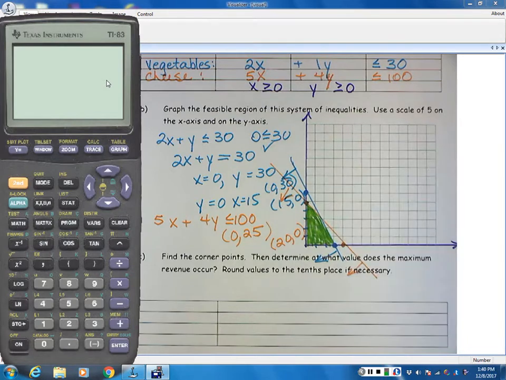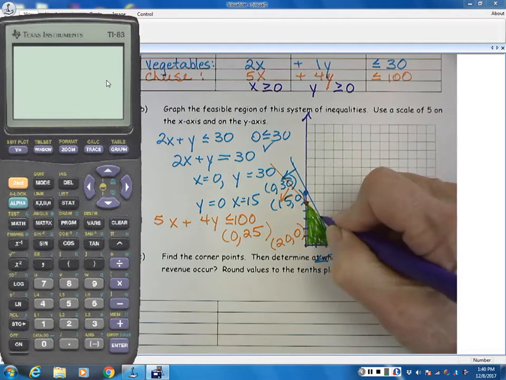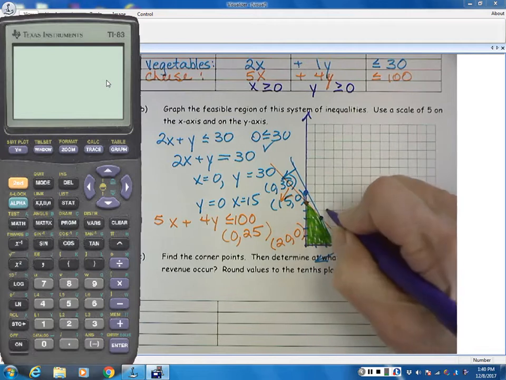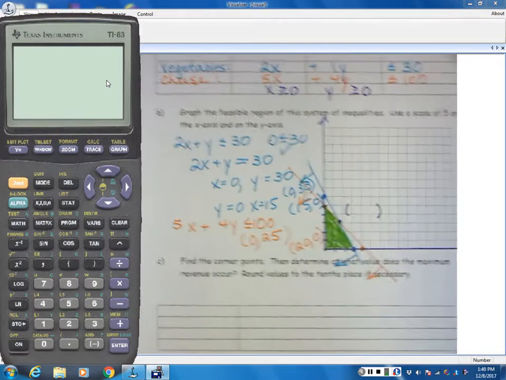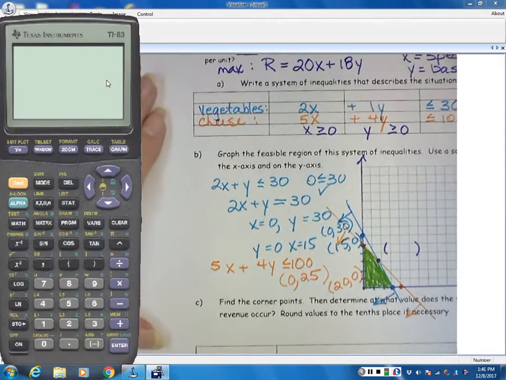So you can either solve the system of equations to find the other corner point, which is going to be this one, or you can graph and find the intersection point, whichever one you want to do. I personally think it's probably easier to just do the matrices.